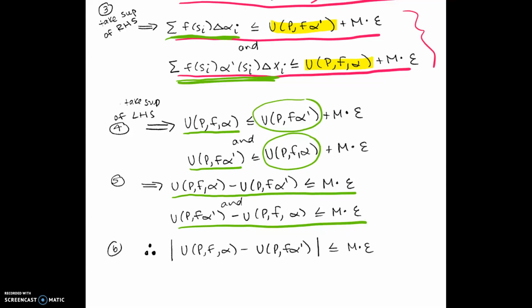And just like before, if I have the first thing minus the second thing less than or equal to m times e, or the second thing minus the first thing less than or equal to m times e, instead of writing both of those inequalities, I can combine them into one absolute value inequality. So step 6 right here is one of the things that we wanted to prove in part C.